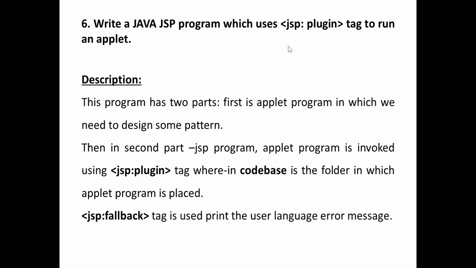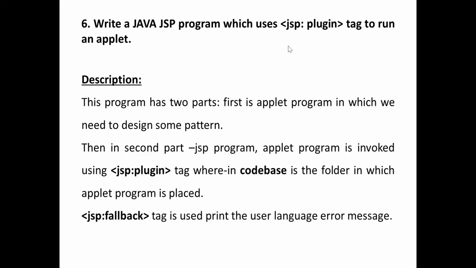So the description of this program is, this program is divided into two parts. The first is the applet program, in which we need to design some pattern. The second part of the program, we have to write the JSP page, that is a Java server page.